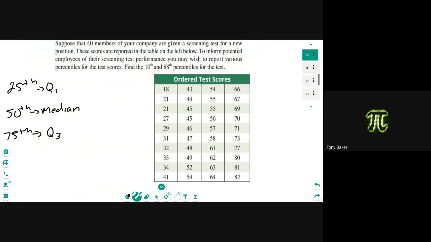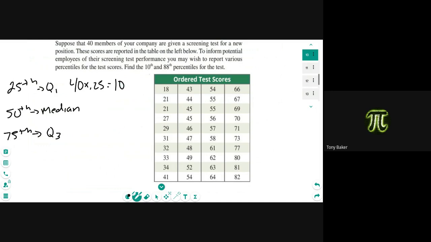So this one is 40 times 0.25. Oh, that number's going around.